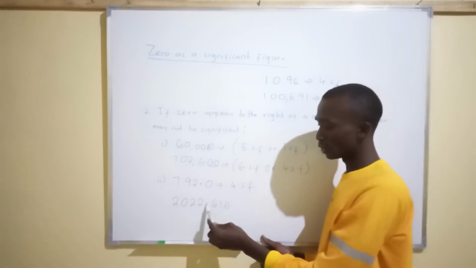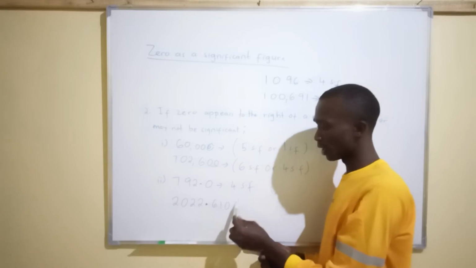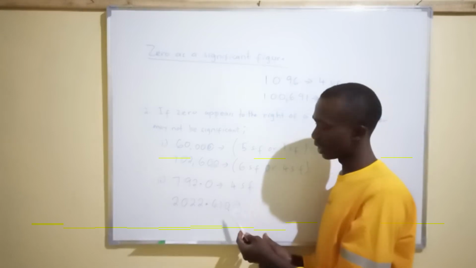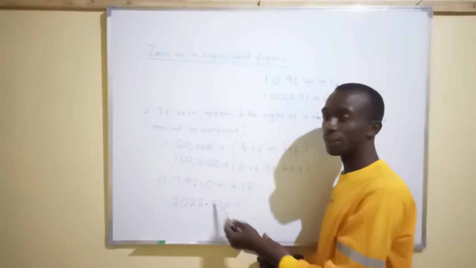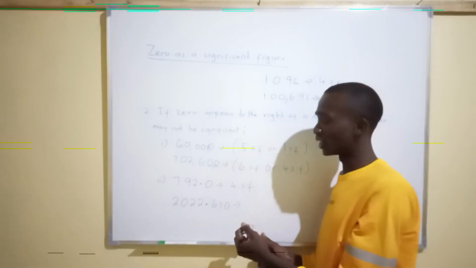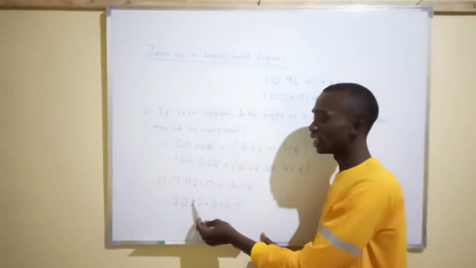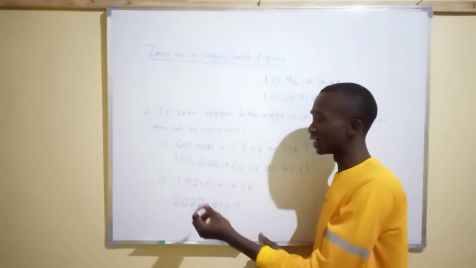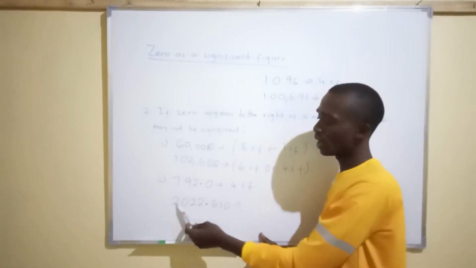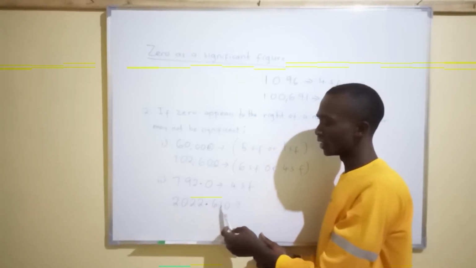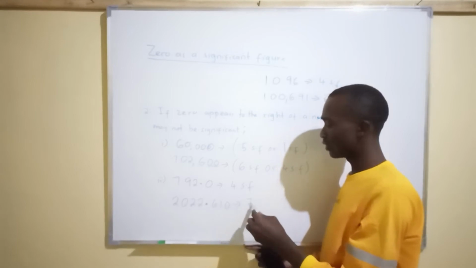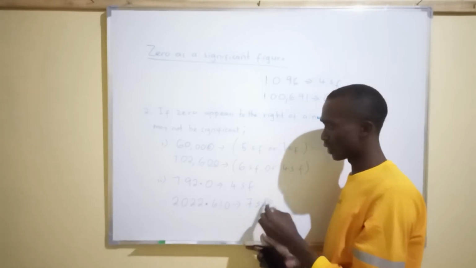This is a special case whereby you have a decimal point. How many significant figures is this? The 0 is after the decimal point, so it must be part of the significant figures. The other 0 is in between 2 non-zero digits, so it is significant. So how many? 1, 2, 3, 4, 5, 6, 7. So this is correct to 7 significant figures.